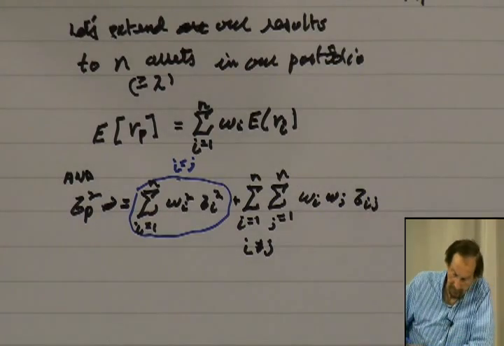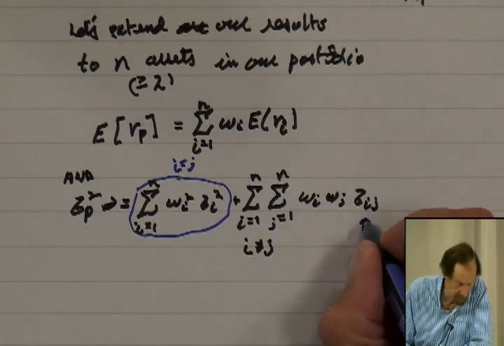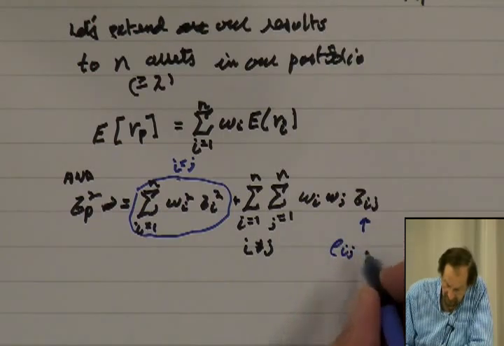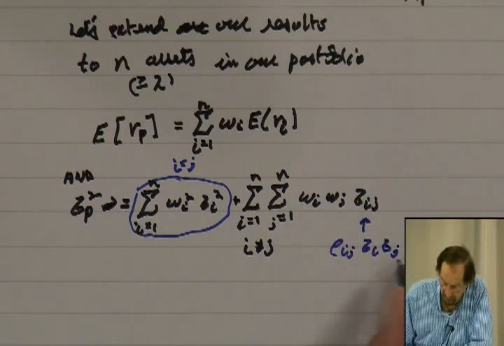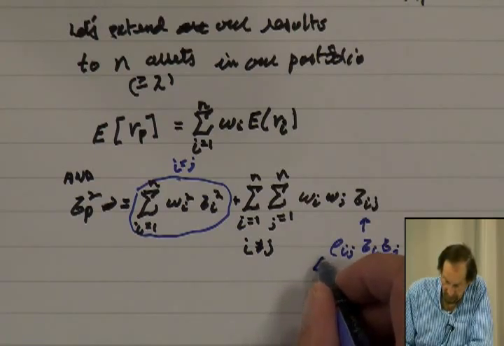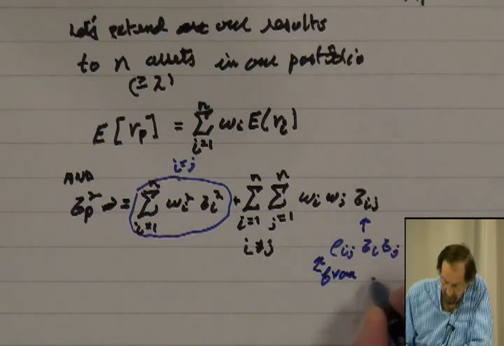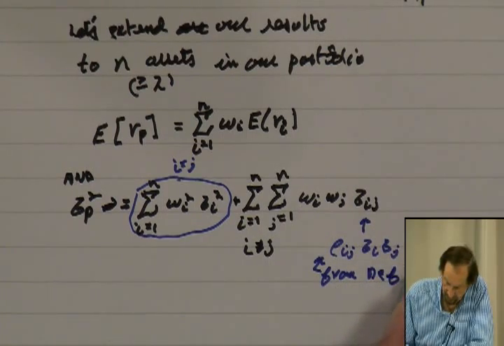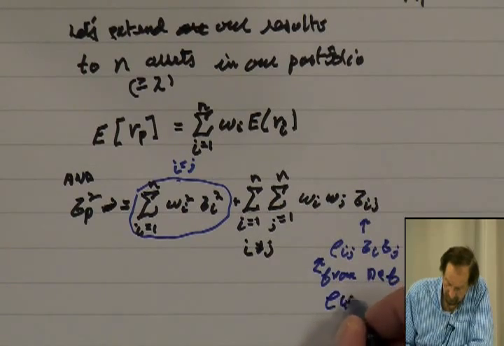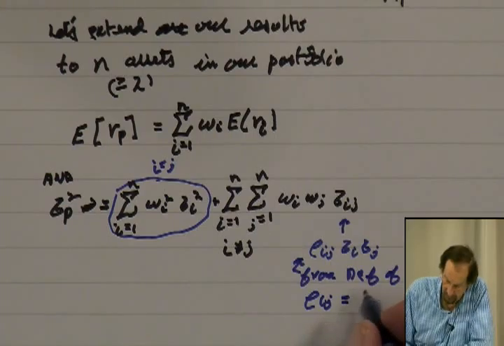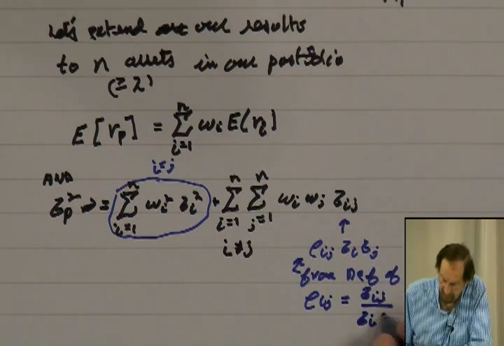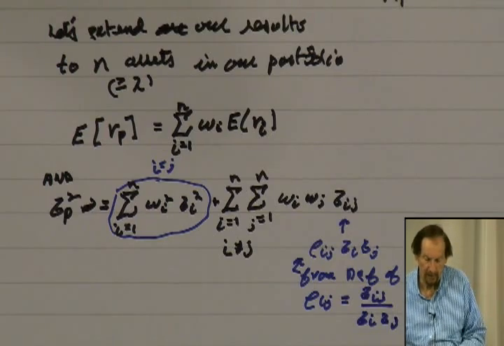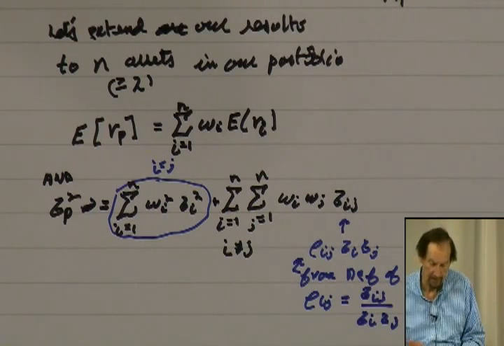And as before, we can always express sigma ij by rho ij times sigma_i sigma_j. This is, of course, from the definition of rho ij, which equals sigma ij over sigma_i times sigma_j. So sigma ij just equals rho ij times sigma_i times sigma_j, like we said before.